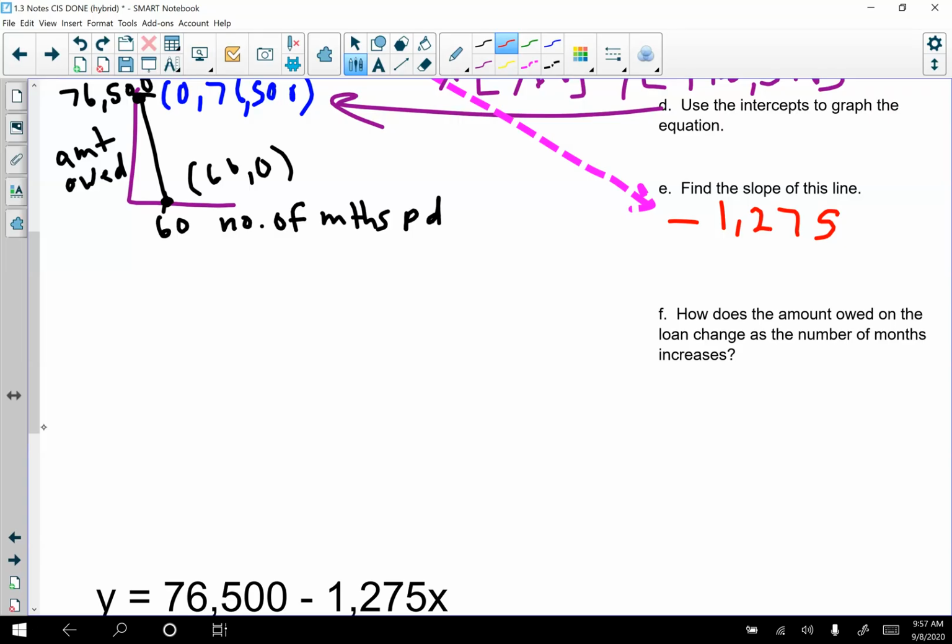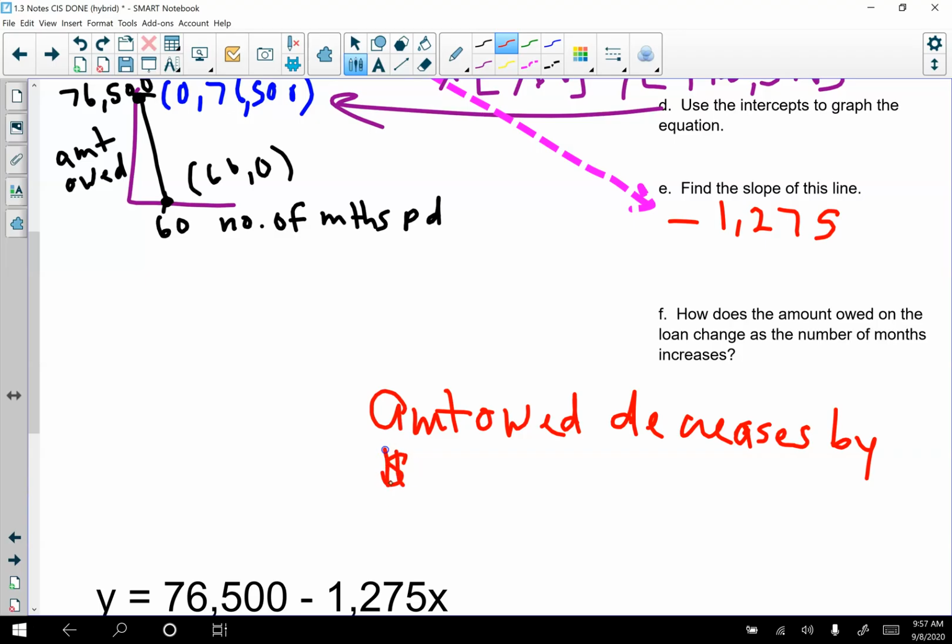How does the amount owed on the loan change as the number of months increase? So the amount owed decreases by $1,275 per month.